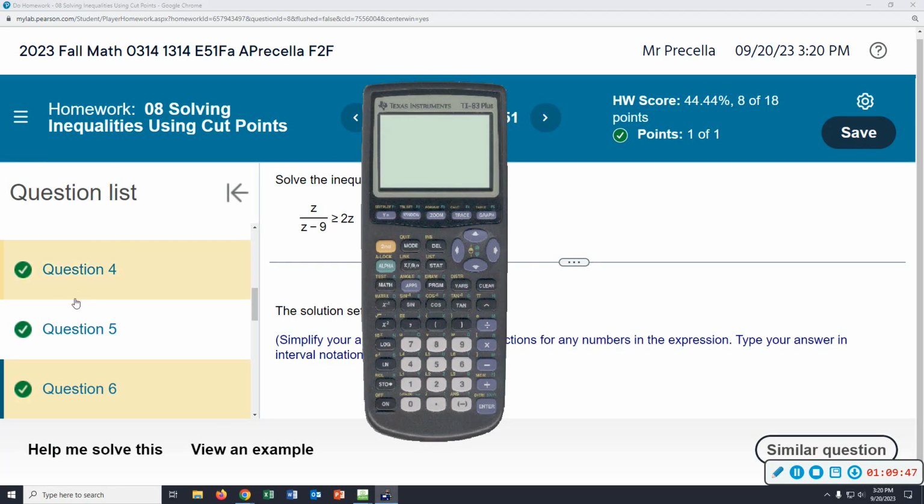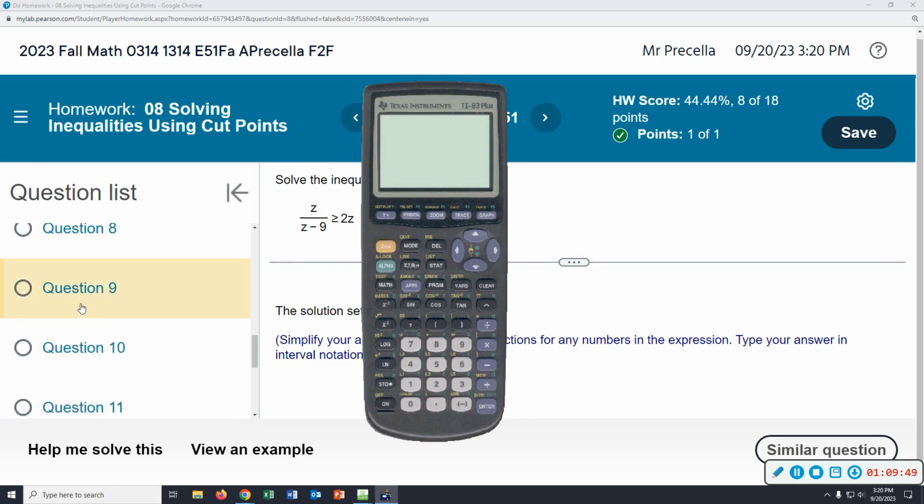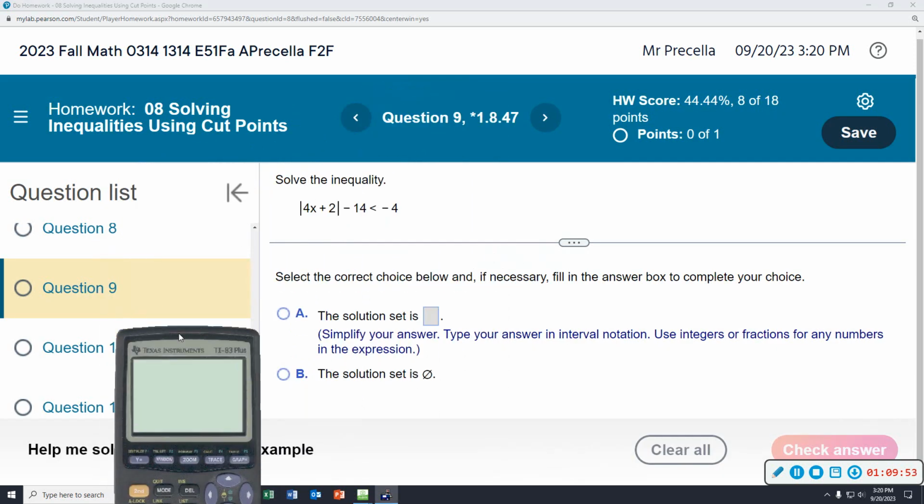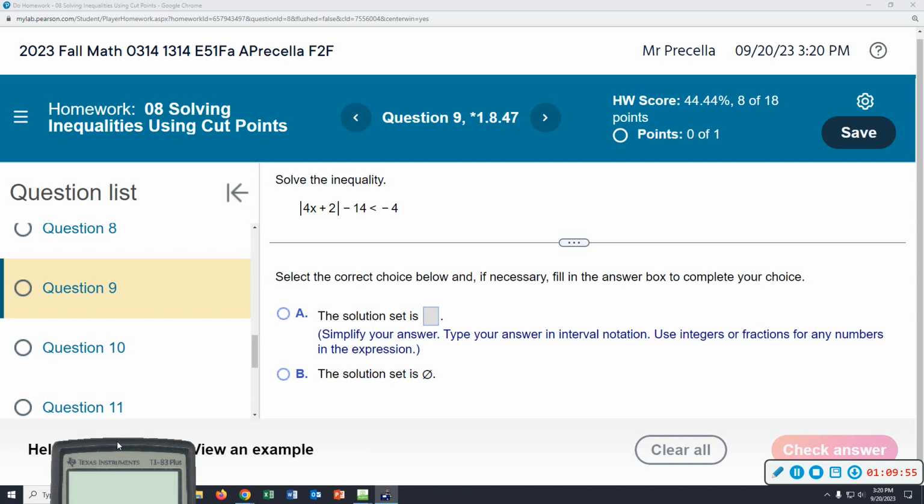Now, number 9. Anytime we're solving inequalities this semester, I'm going to use cut points. Here's an absolute value inequality. We solved absolute value equations on Monday, and if you're using cut points, what's the first step?